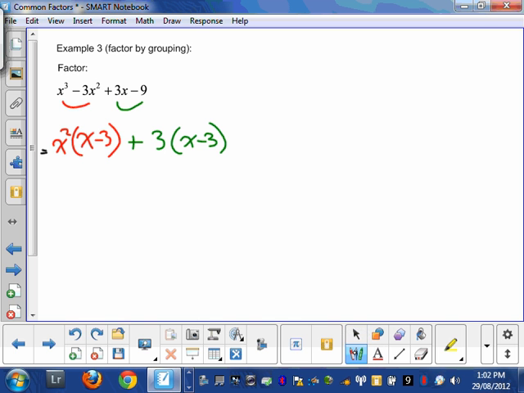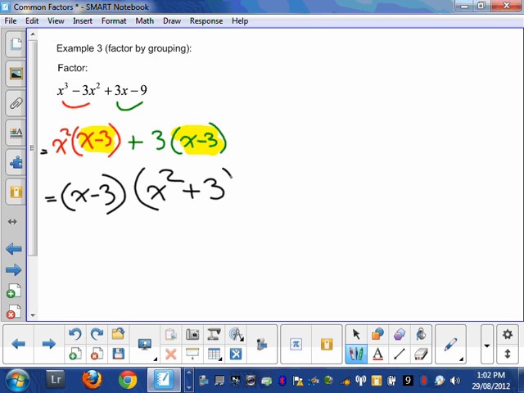Oh, look what a nice surprise. We have a binomial common factor now that we can factor out, so it's going to be x minus 3, and the second factor will be x squared, what is left from my first group, plus 3, what is left from my second group. Correct. So there you go.